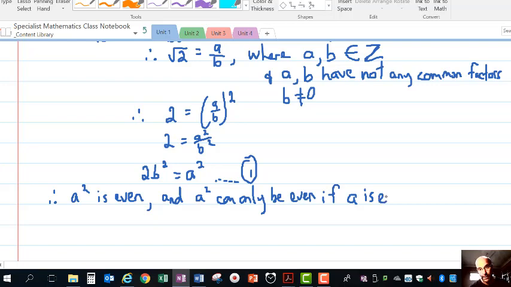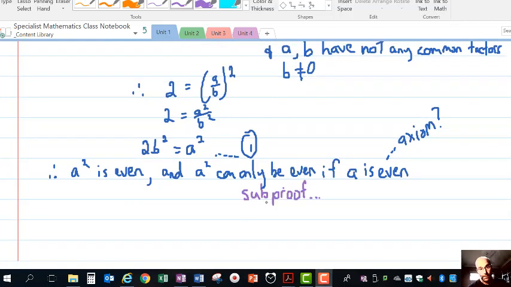Now that's possibly debatable at this stage whether that's an axiom or it needs to be proven. Depends on the level of maths you're doing. So let me prove that with a subproof.